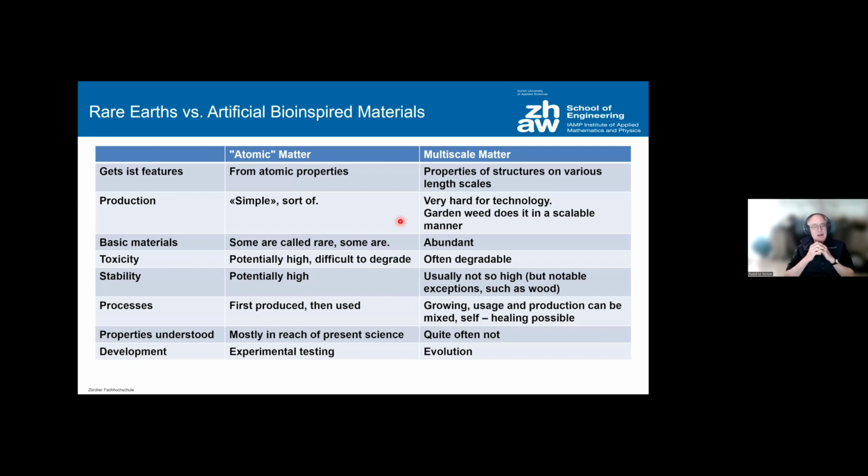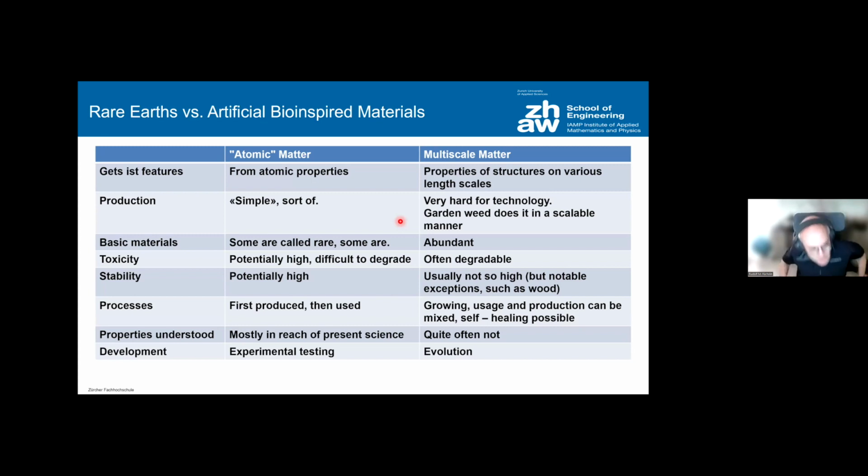And I think that a bio-inspired, bio-like production process is probably the only way with which we can produce materials that resemble the structure of wood or other very pretty things.